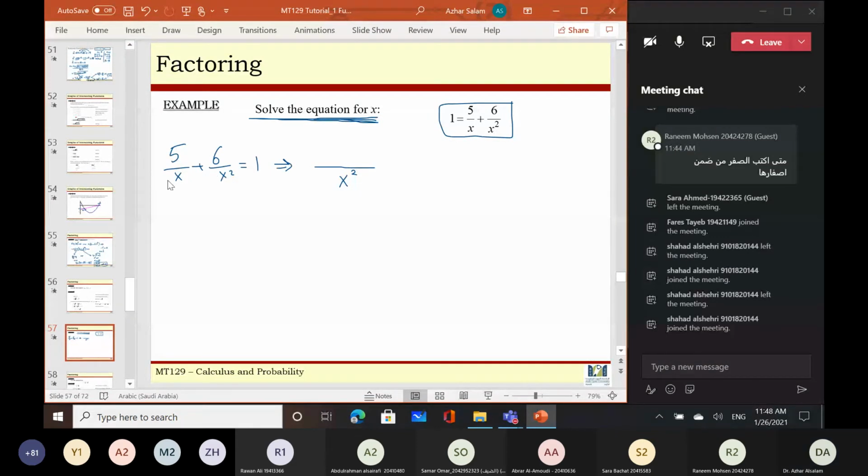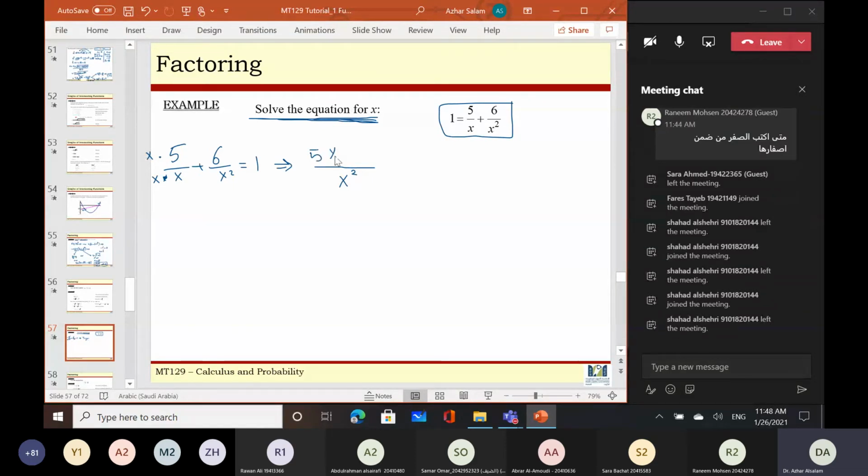Here I multiplied x by x to get x squared. So here also the numerator I multiply by x. So it will be here 5x plus, since this is the same x squared, this will be the same, plus 6. Okay? This is the common factor. How I unify the denominator.